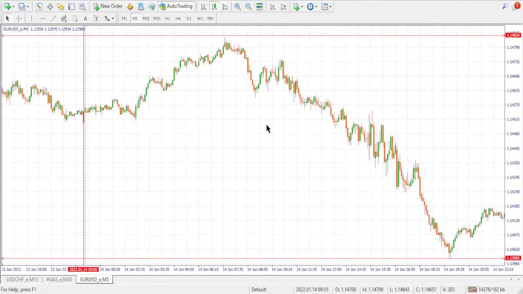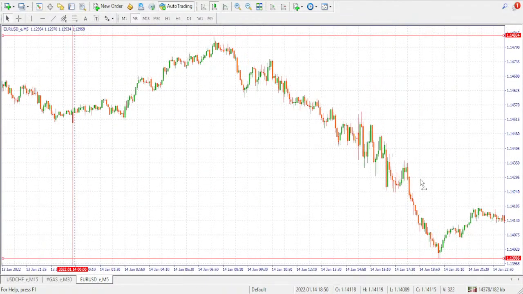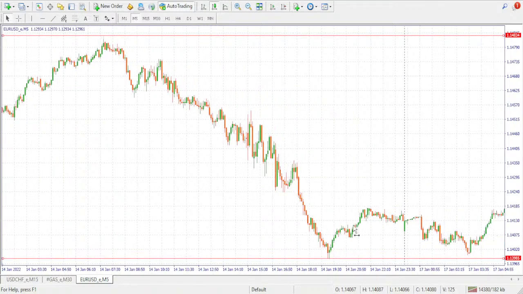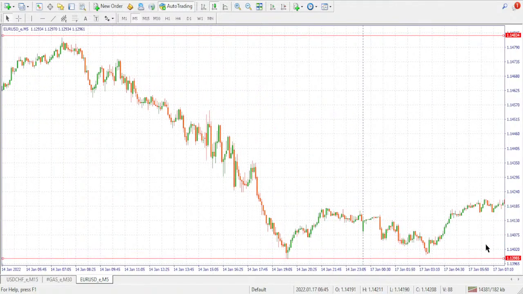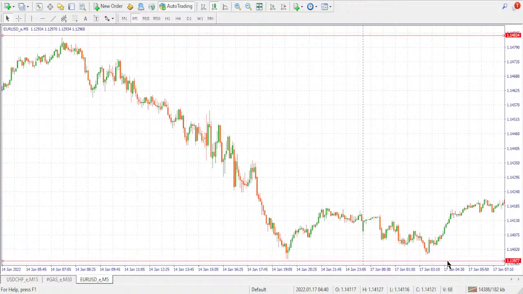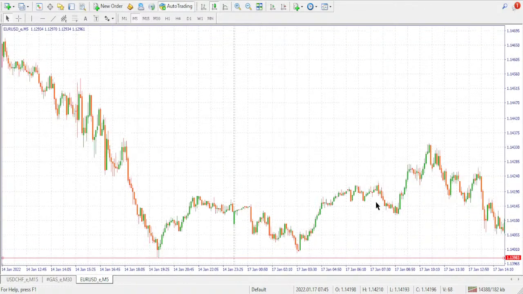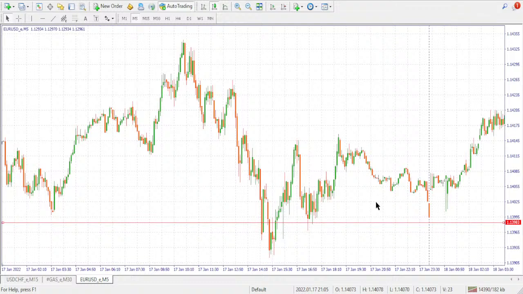I believe it's this day here. So this is the daily low. We want to see when the next day's candle actually touches that line. We see that it touched it, but nothing much happened. There's no shape below it, so that was not a very good one.